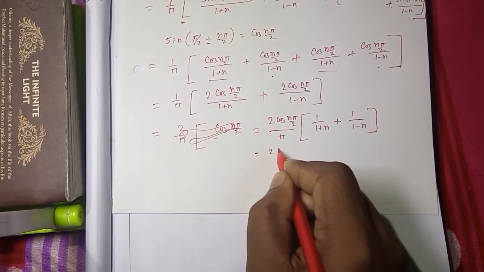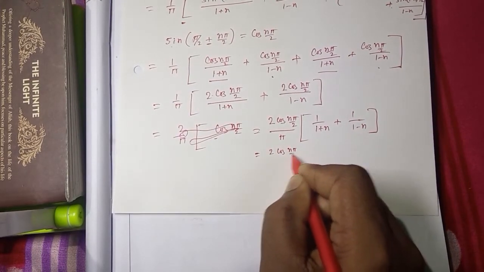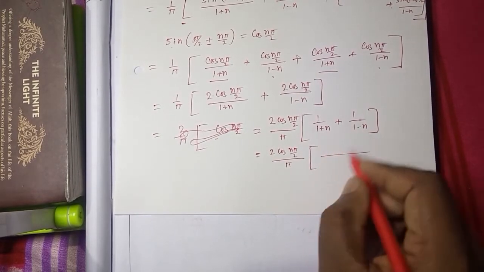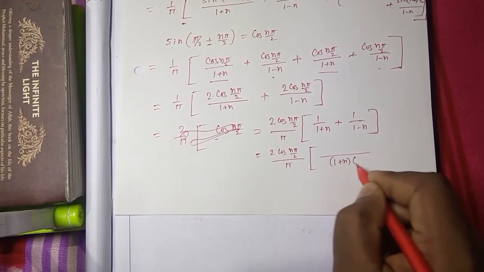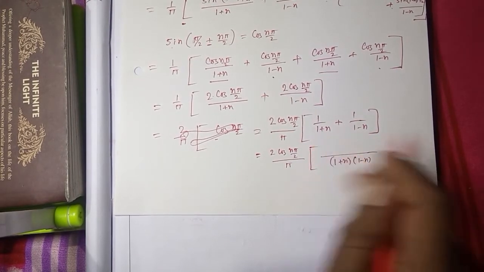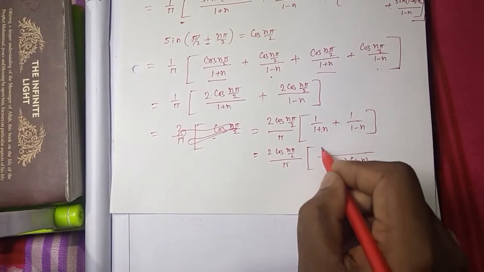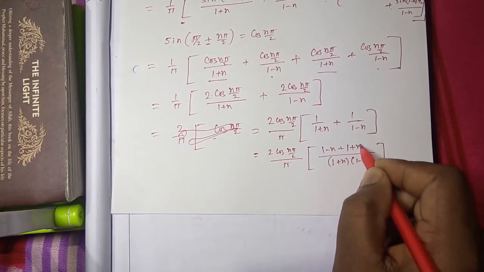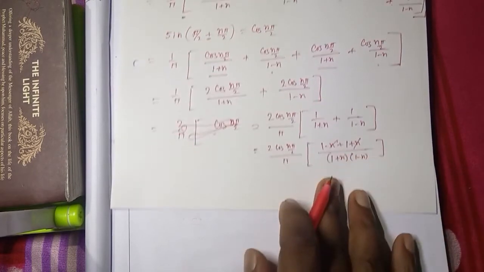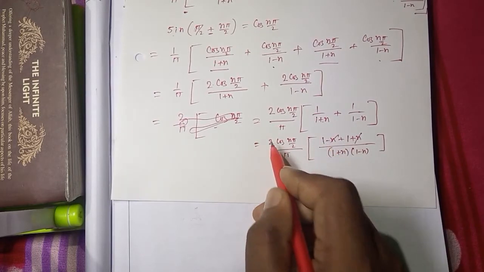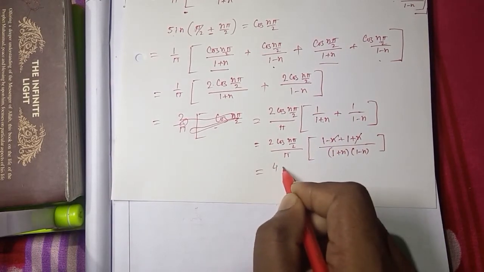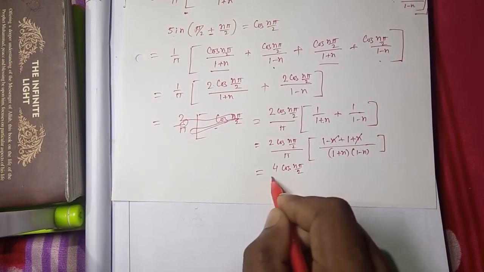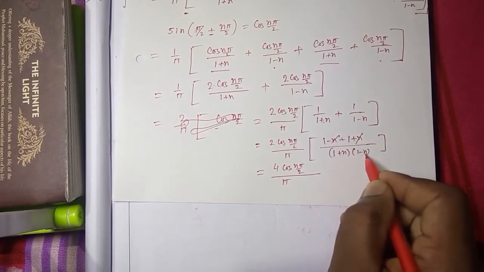Therefore 2 cos of n pi by 2 by pi, and (1 plus n) (1 minus n) LCM, and then (1 minus n) plus (1 plus n), plus n minus n cancel out, 1 and 1 is 2, and this 2 into 2 is 4, 4 cos of n pi by 2 by pi into (a plus b) into (a minus b).